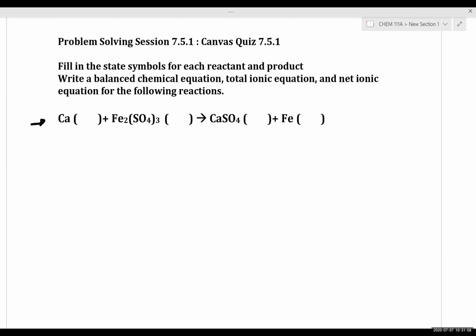So let's spend about 2 minutes making sure that we get a balanced chemical equation and that we have our state symbols assigned. Then we'll discuss the first part of this question in about 2 to 3 minutes.